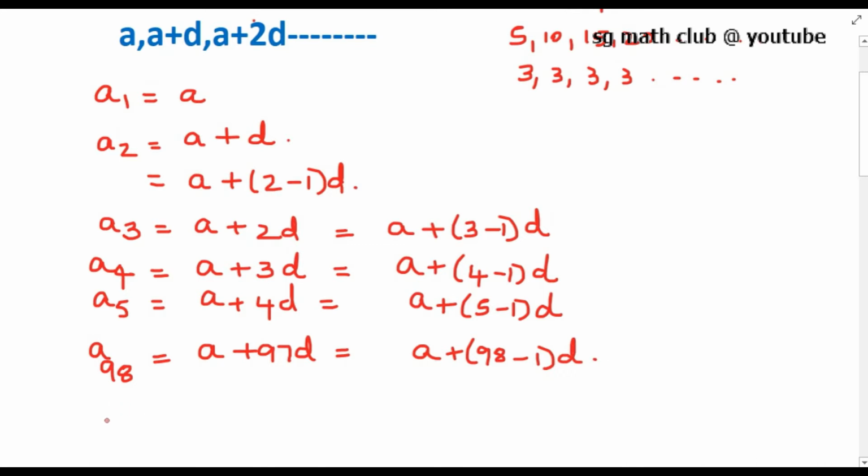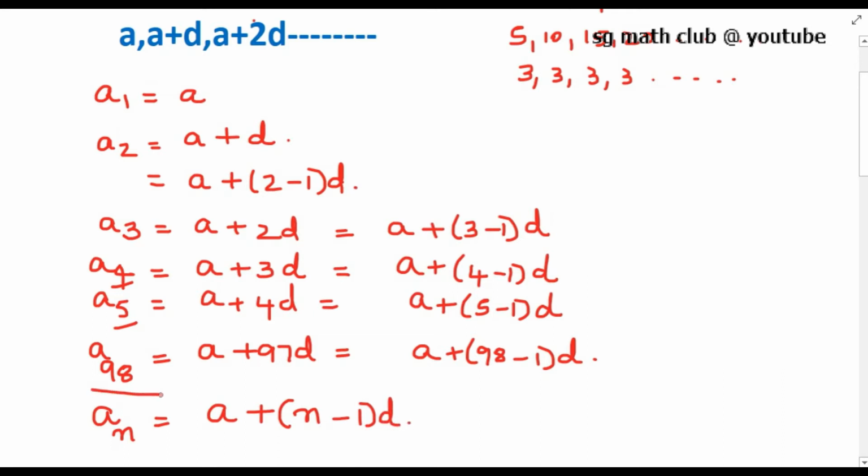So in general, we can write the nth term as a_n. I can write a plus, we can see here, when it is the third term, it is 3 minus 1. When it is the fourth term, I have written 4 minus 1. When it is the fifth term, it is 5 minus 1. Same way, nth term, I can write as a plus (n minus 1) into d.